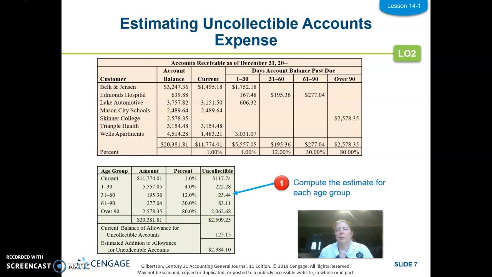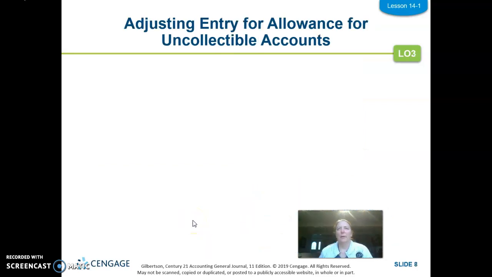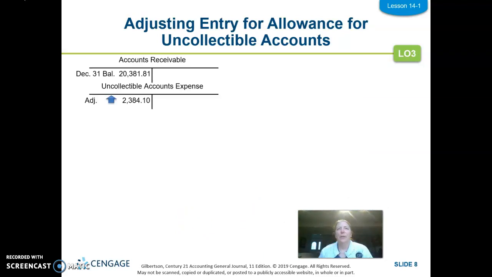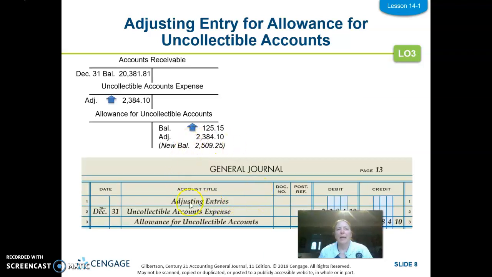So we have computed the estimate for each age group, the total, and then the additional amount we need to record in our account. So the adjustment that we're going to make, and we just do an adjusting entry, just like we did with supplies or anything, and we will debit uncollectible account expense, which is a new expense for you.